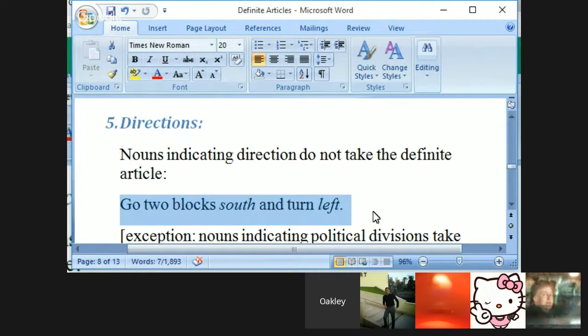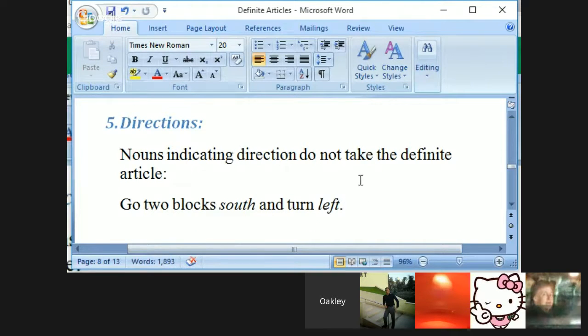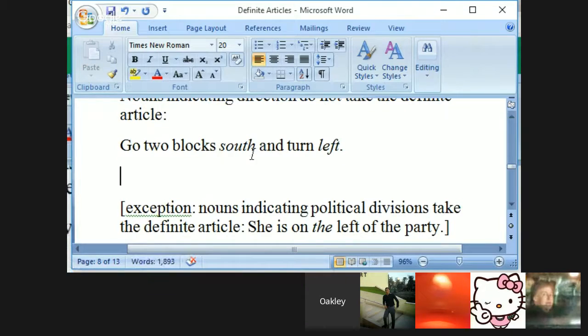Ah, okay. Now, see, this can be confusing. This can be confusing because when we use them in a prepositional phrase, like in that, you would normally say, this is why I wanted somebody to give me an example, my house is on the south end of the street.